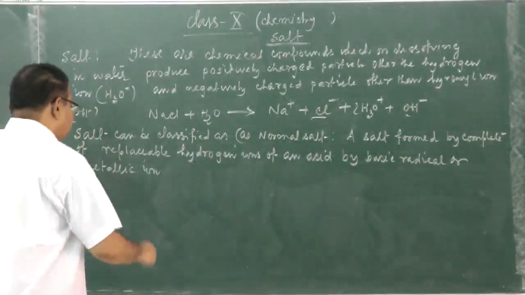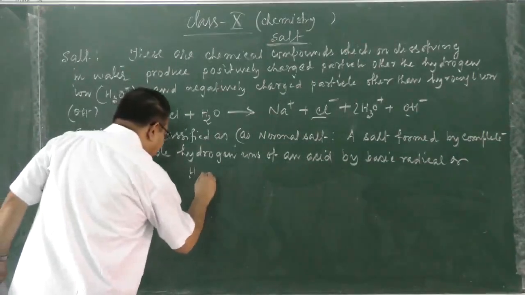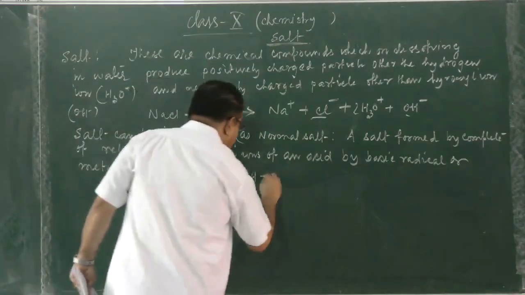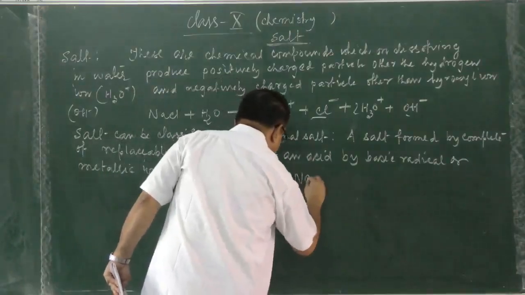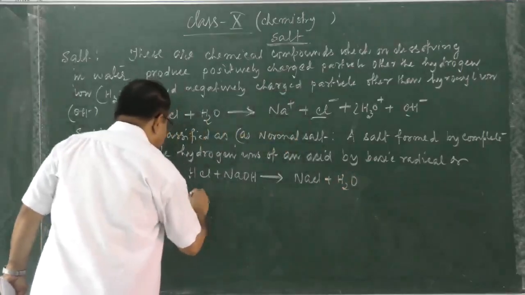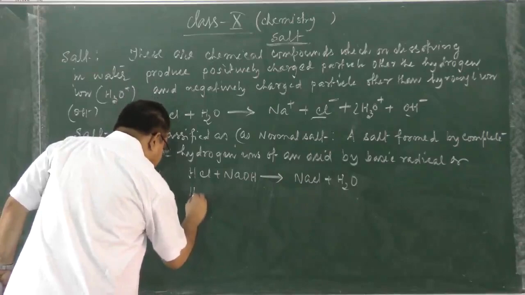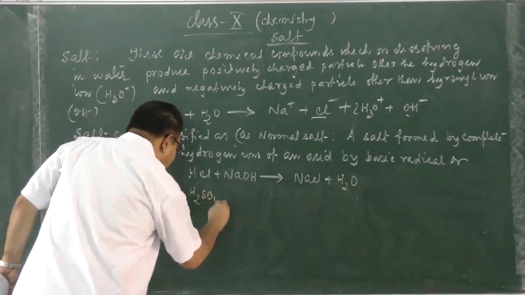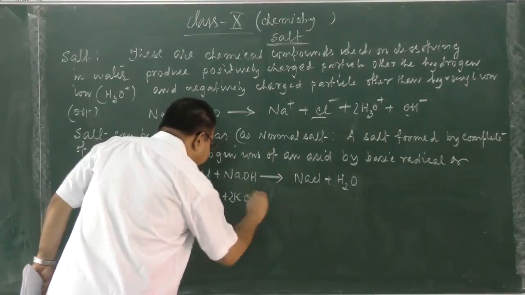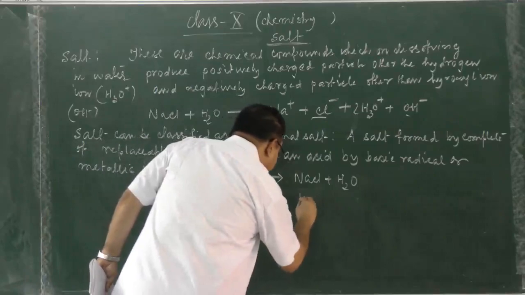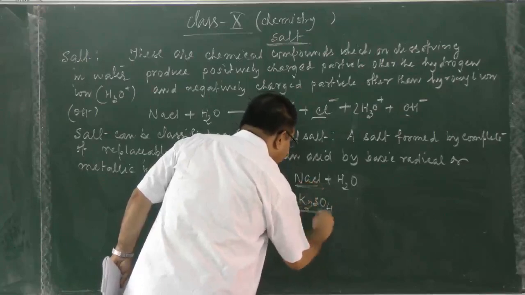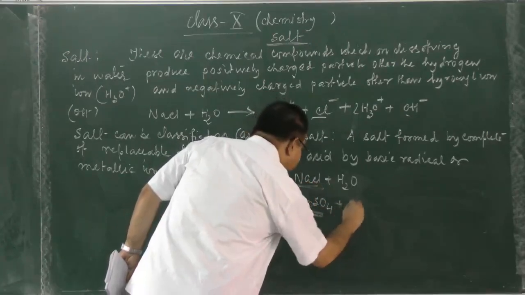Like that, for a very simple example, HCl plus NaOH gives NaCl plus H2O. H2SO4 plus KOH gives K2SO4. See that in this salt there is no hydrogen ion, plus twice H2O.